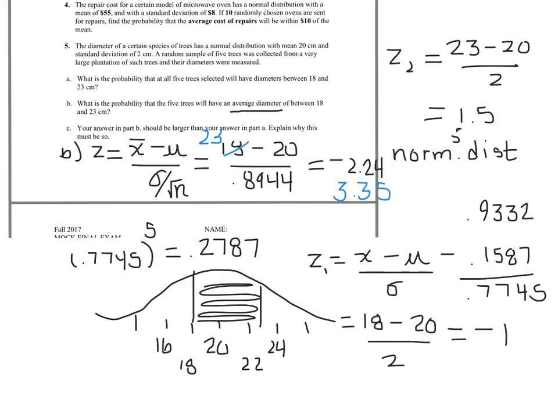Then we can use Microsoft Excel, and we can choose normal.s.dist to get the area below a z-score of -2.24. And we get an area below the -2.24 of 0.01255. And then we'll have to do the same thing for our bigger z-score of 3.35.